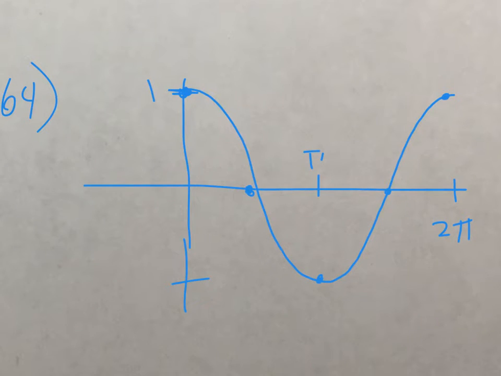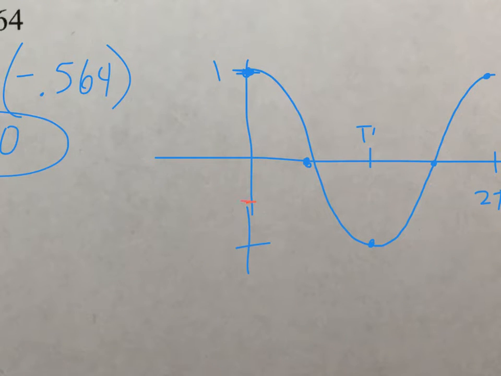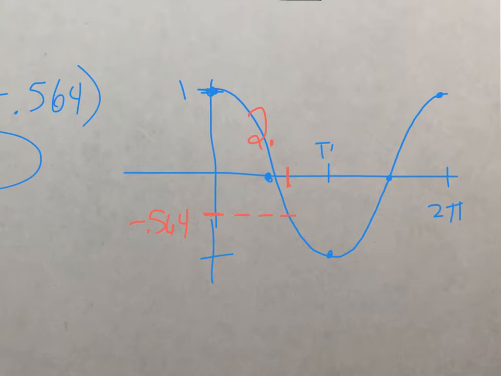And we want to figure out when is the cosine negative 0.564, so a little bit more than halfway. And we notice that it intercepts right there. That's the one that comes from your calculator, 2.170. And continuing on, we're going to hit right here another point.